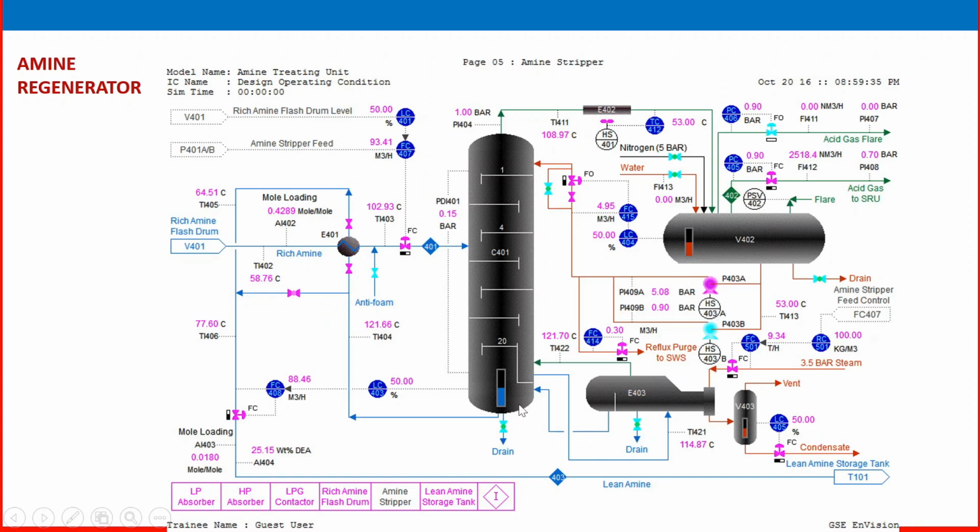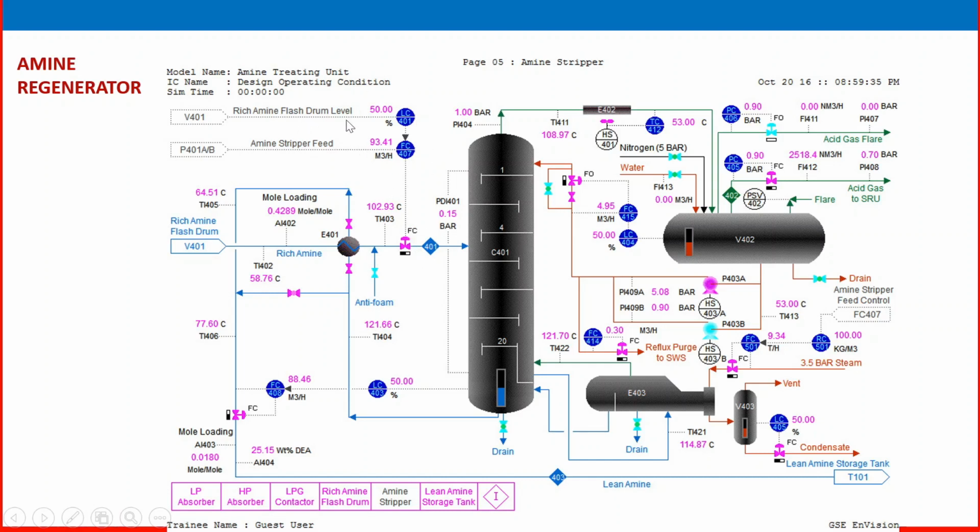I didn't have a proper P&ID for the amine regenerator in my stock, so I used this one. The rich amine after the absorber bottom is heated in various heaters, the lean-rich amine heater and heat exchanger, maintaining a preheat temperature of around 102 degrees C entering here, and a flow control system is also here.